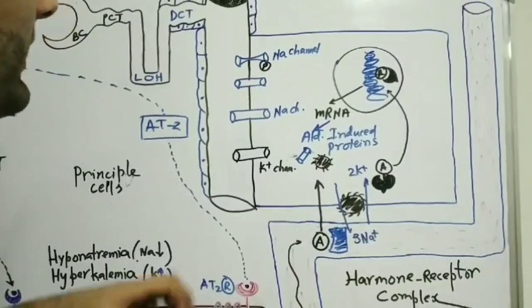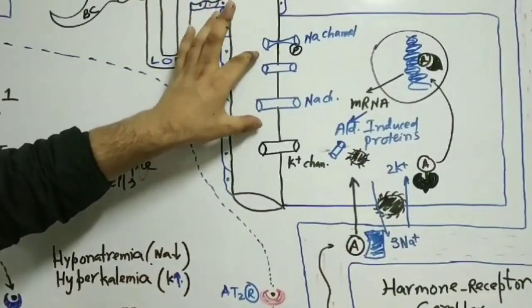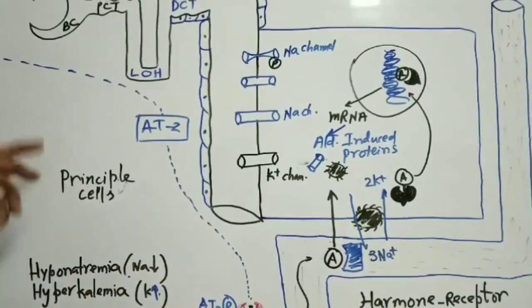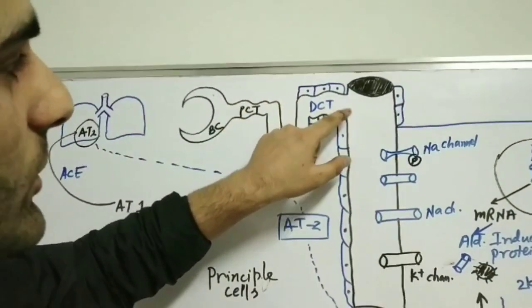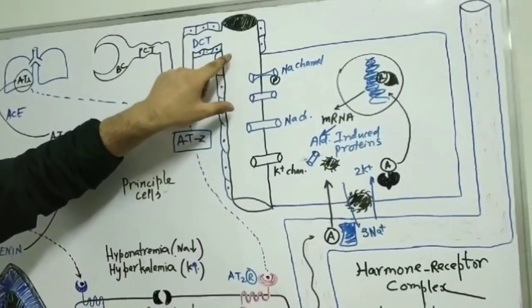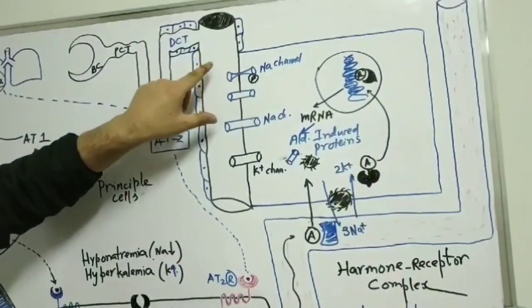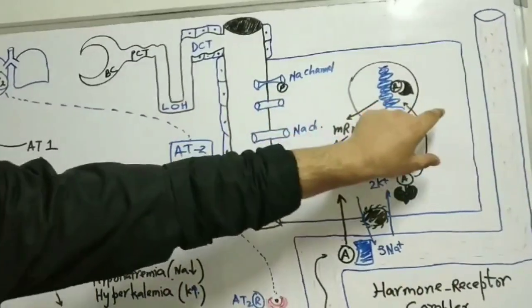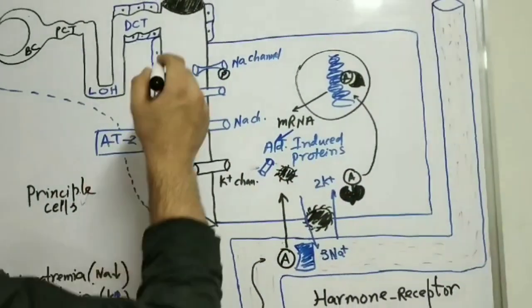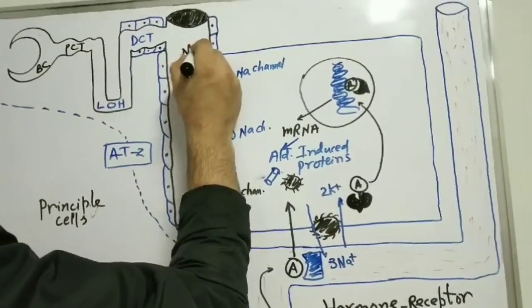Okay, now look at here. What is the function of these channels now? In the urine there will be a lot of sodium. That sodium should be reabsorbed back into the blood. Now, suppose here is your sodium in the urine.